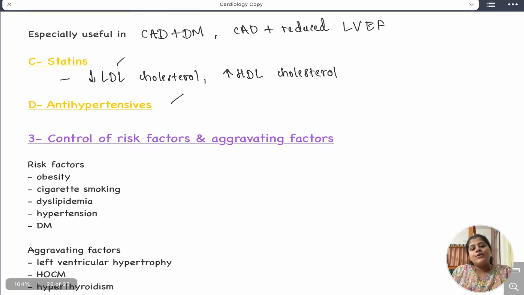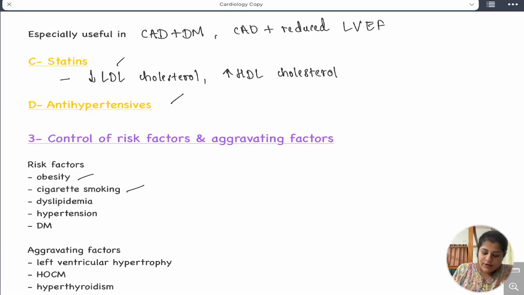Third, you will control risk factors and aggravating factors. When we were reading about the pathogenesis of chronic stable angina, we understood that smoking, elderly age, LDL cholesterol, and hypertension were all damaging blood vessels, right? So to prevent further damage to blood vessels, we should keep all these things under control.